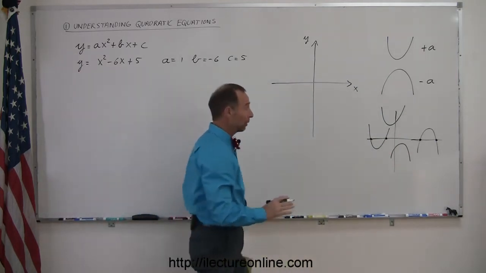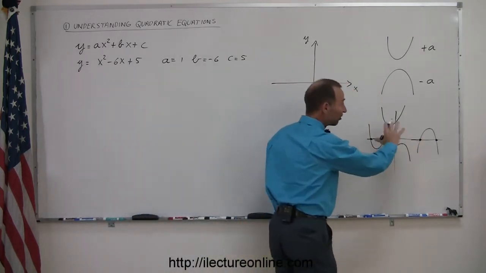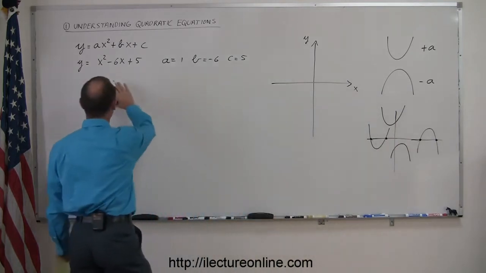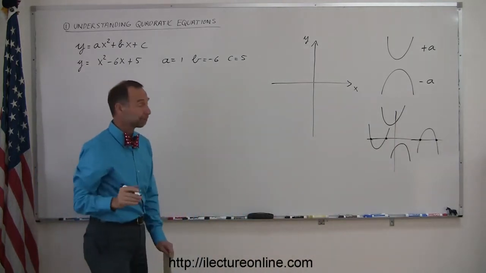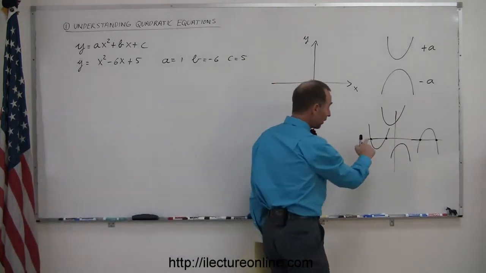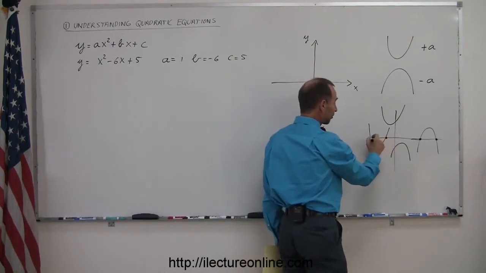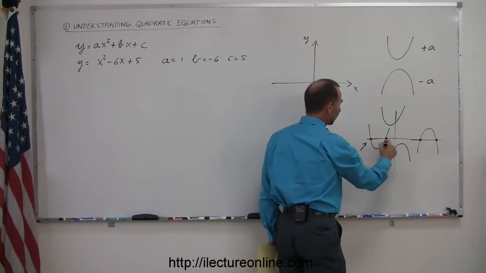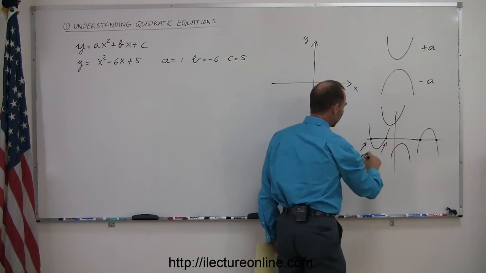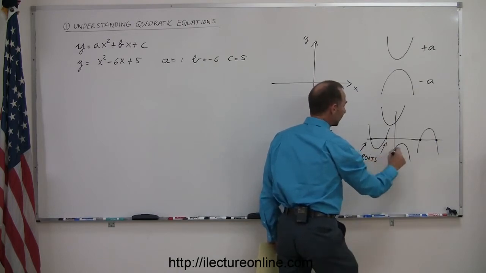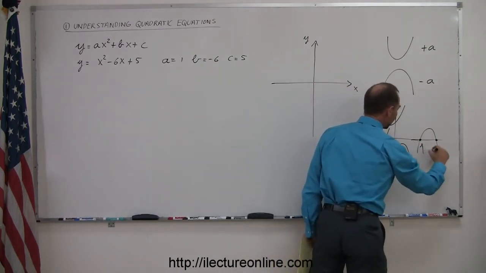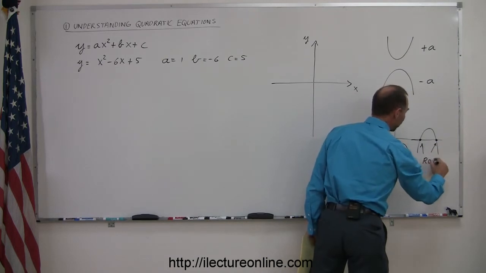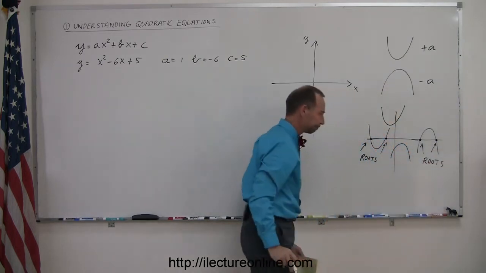The places where one of these parabolas, which is a graphical representation of a quadratic equation like this, crosses the x-axis, those are called the roots of the quadratic equation. So we call these roots. And here again, these would be considered the roots of the quadratic equation.